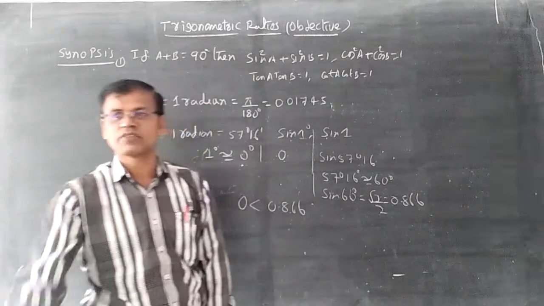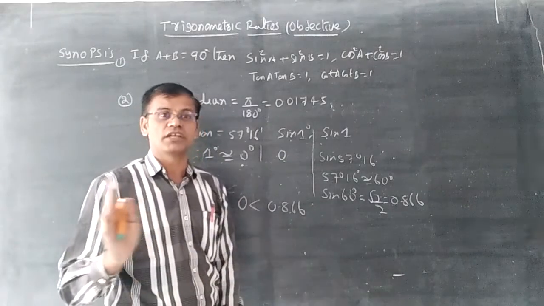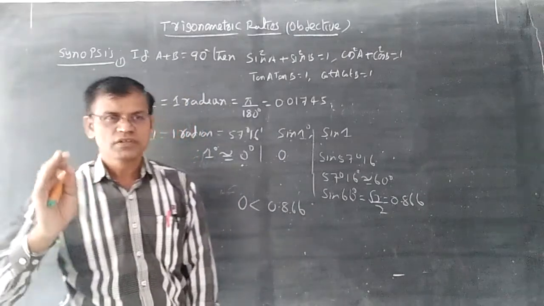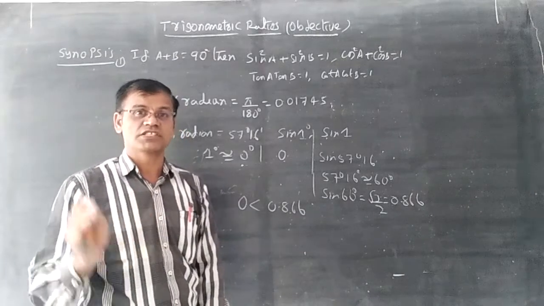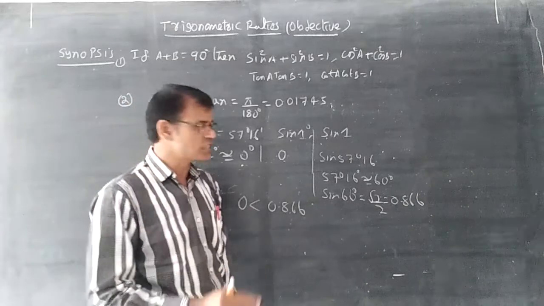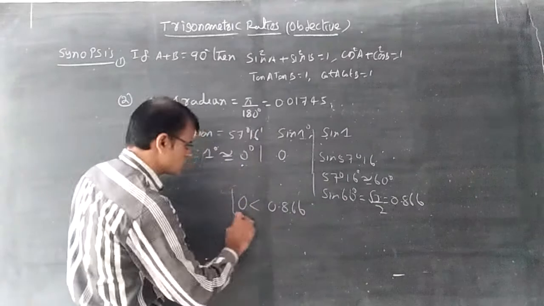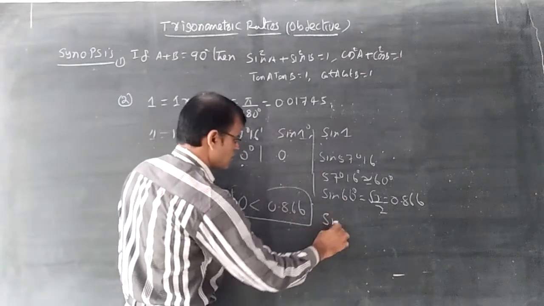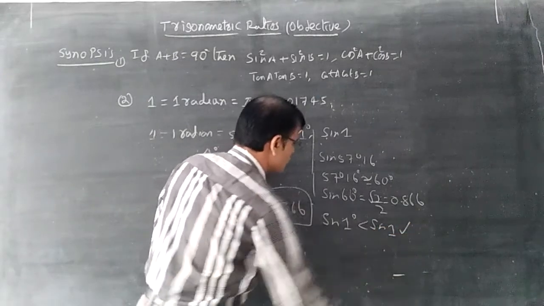We should not pronounce sine 90 or sine 180 without degrees. If we pronounce sine 90, it means sine 90 radians. Sine 60 is not correct, say sine 60 degrees. If you pronounce sine 60, it means sine 60 radians. So 1 radian is like this. Since 0 is less than 0.866, sine 1 degree is less than sine 1.